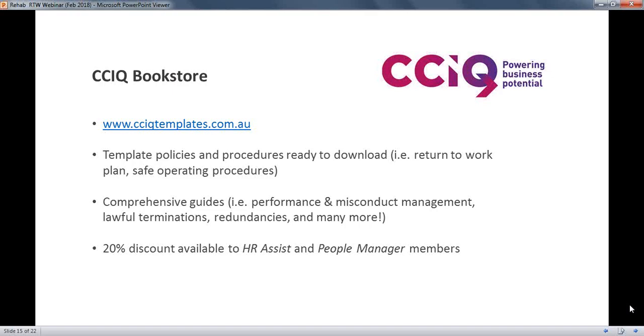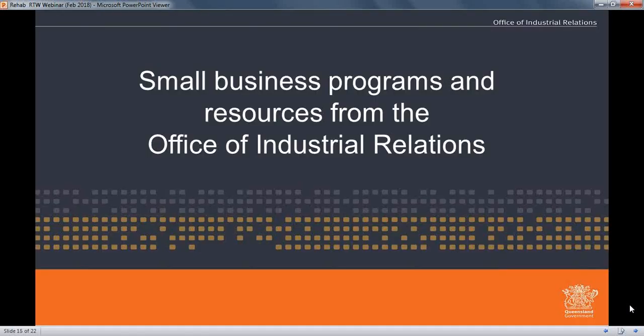Now, I'll just briefly run over the small business programs and the resources from the Office of Industrial Relations. Some of you might not be aware, but we've partnered with the Queensland Office of Industrial Relations to provide workers' compensation advice to all businesses throughout Queensland through the Workers' Compensation Hotline.